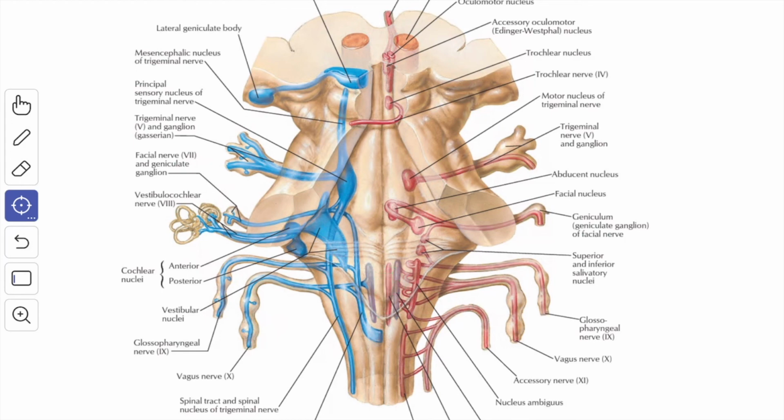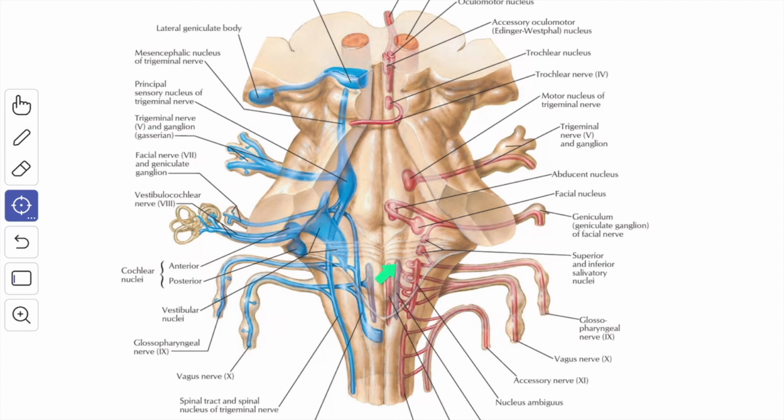The preganglionic fibers from the nucleus run in the glossopharyngeal nerve, the ninth cranial nerve, enter its tympanic branch and relay in the otic ganglion by way of the tympanic plexus and the lesser superficial petrosal nerve.